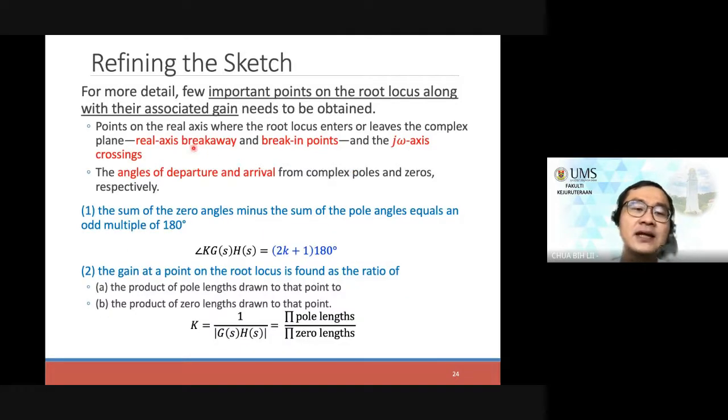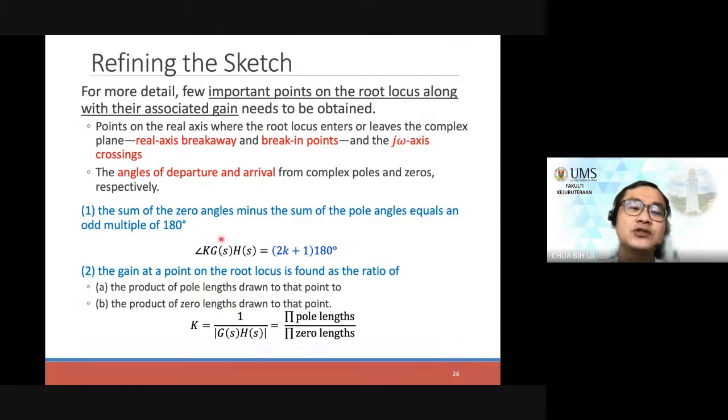So we have the real axis breakaway and break-in. All these things can be roughly obtained from these rules, because we can test where the point is. So we use the similar concept.